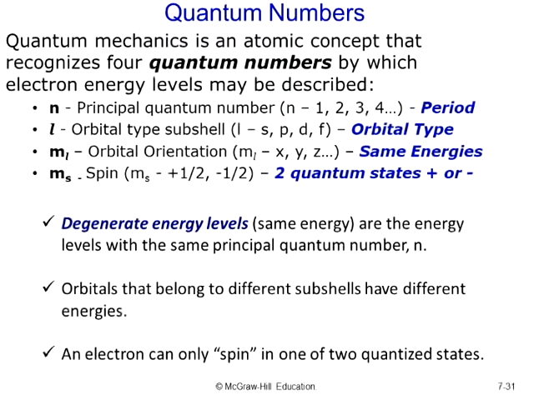So when we think about the quantum numbers and quantum mechanics with regard to electron configuration and electron orbital diagrams, we want to recall that degenerate energies or degenerate levels mean they're the same. Orbitals that belong to different subshells, however, have different energies. And the other thing we want to recall is that an electron can only spin in one of 2 quantized states: positive, negative, spin up, or spin down.